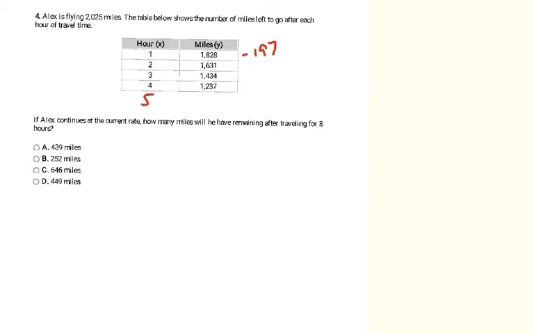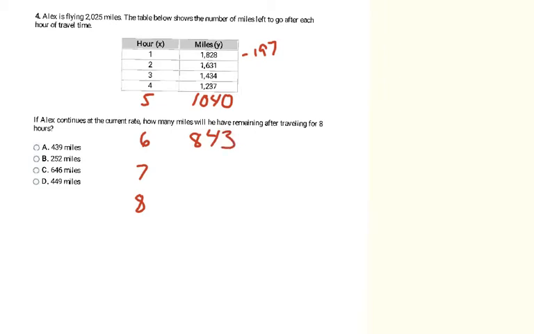So I have 5, 6, 7, 8. So if I take 1,237 and subtract 197, it's going to give me 1040. And if I take 1,040 and subtract 197, that's going to get me 843.